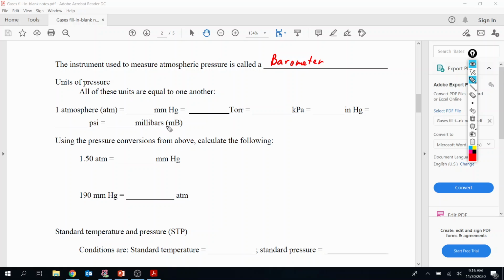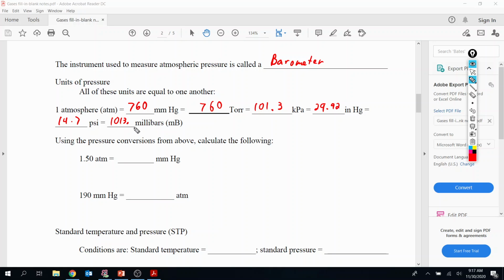I remember that 1 atmosphere is equal to 760 millimeters of mercury, which is equal to 760 torr, which is equal to 101.3 kilopascals, which is equal to 29.92 inches of mercury, 14.7 psi, and how many millibars was it?